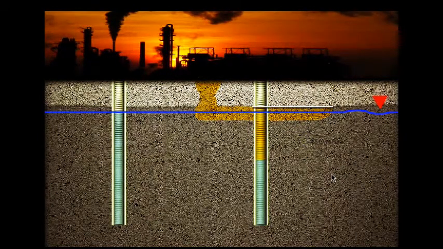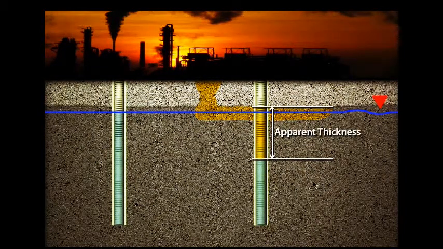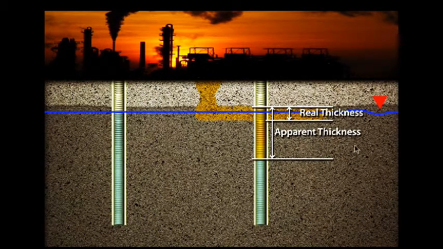Okay? That's what happens. Well, this is called apparent thickness, and we're going to talk about this. And this is called real thickness. We have this much product in the porous media, and within the well we measure this much product.